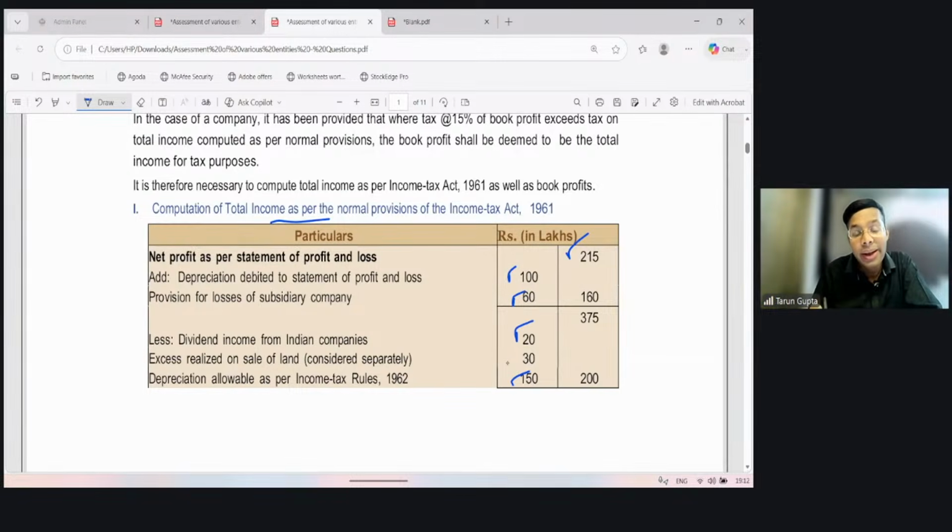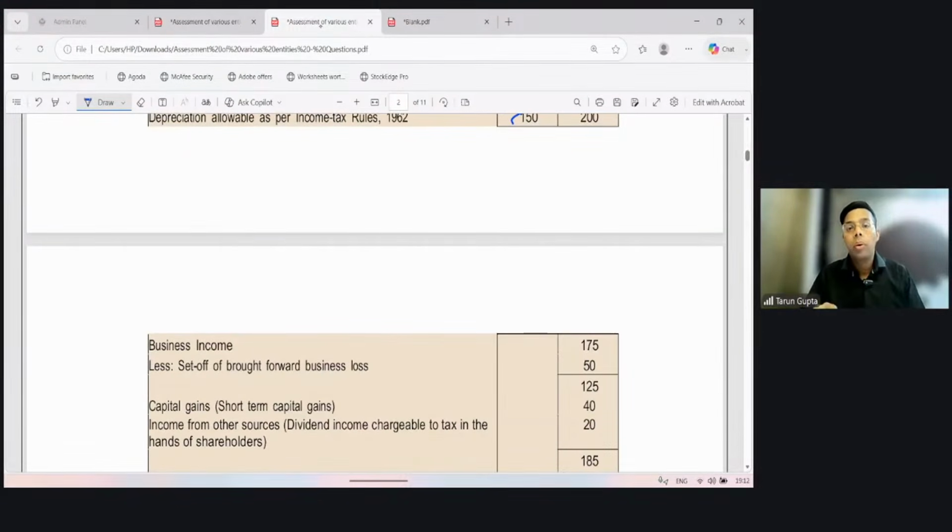Dividend and gain on sale of land are reduced. They are already credited, but they will be taxed under a different head, so while computing PGBP, we have reduced them. Now, the business loss of 50 lakh shall also be allowed under the head PGBP. So the PGBP income shall be 125 lakh.